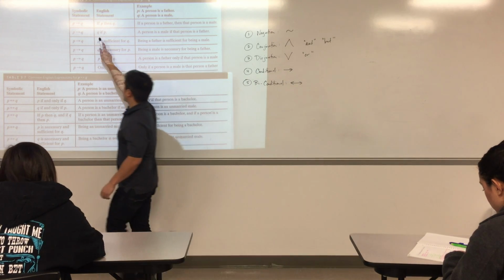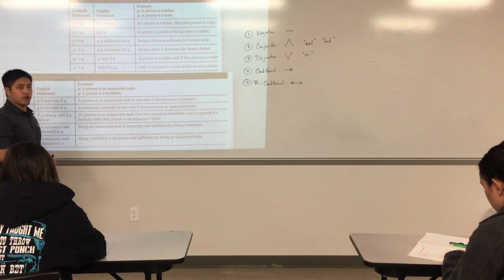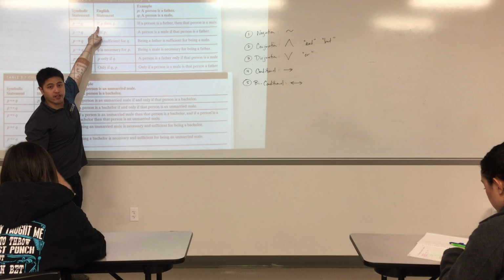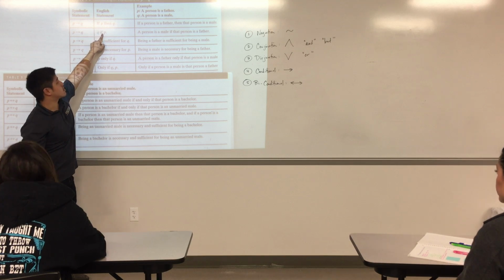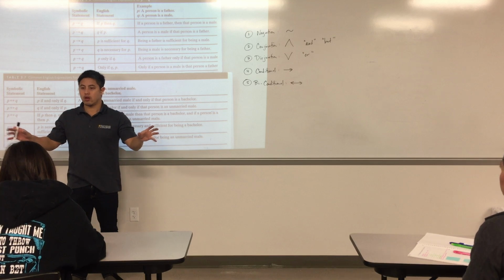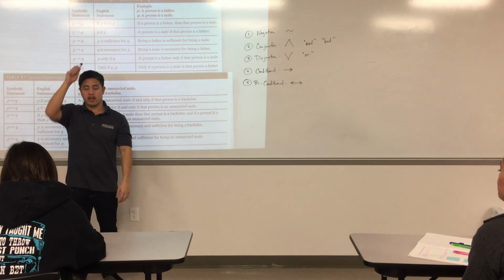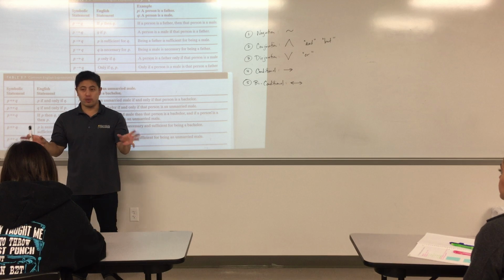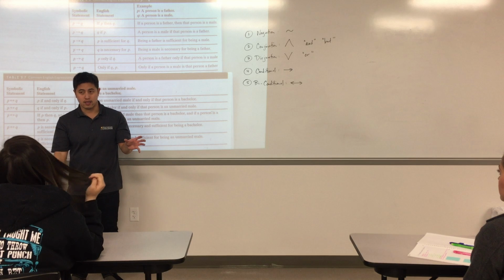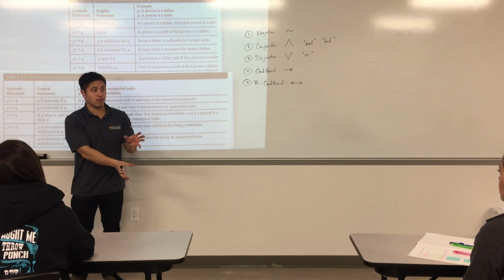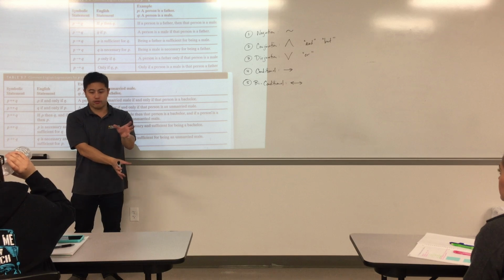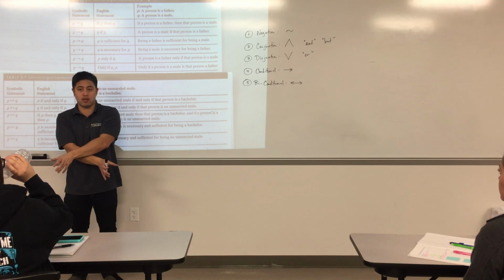However, in the second scenario, if you see only the word if, this is if then. You with me? This is only the word if, and it separates two things. When you see only the word if, and it splits two items, the item that comes before the word if is second in your symbolic statement. The item that is second after the word if goes first in your symbolic statement.